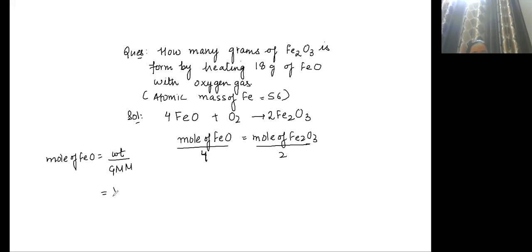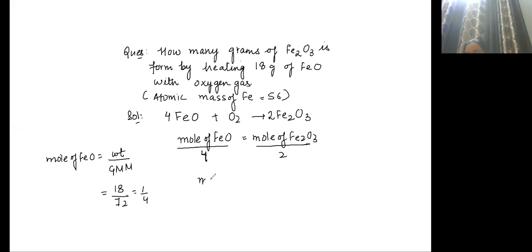What is GMM? Good Akhil. What is GMM of FeO? 56 plus 16, that is equals to 72. So this is equals to 1 by 4.